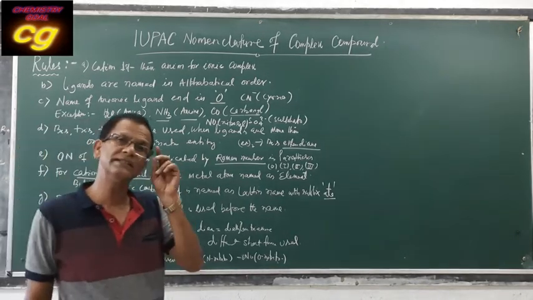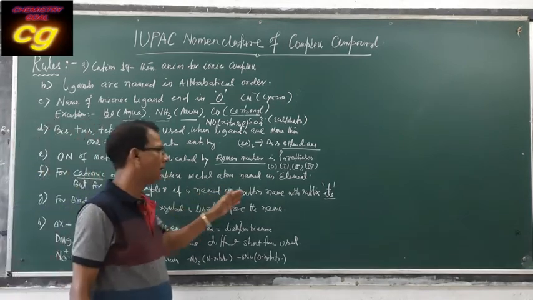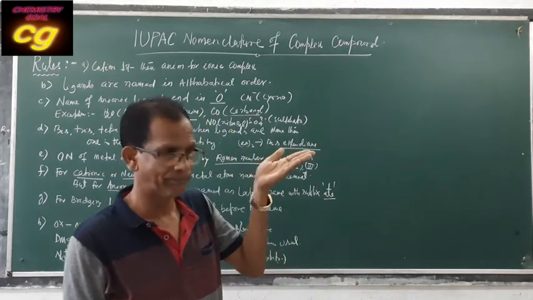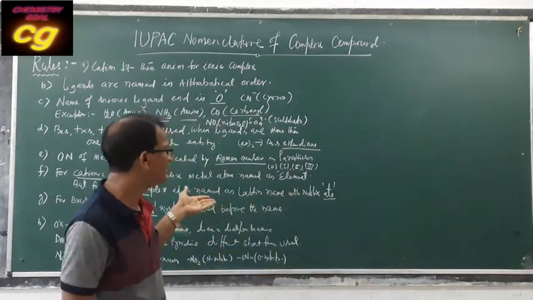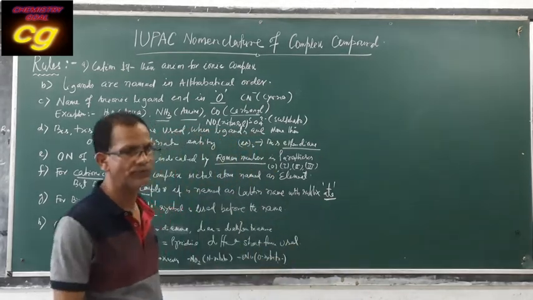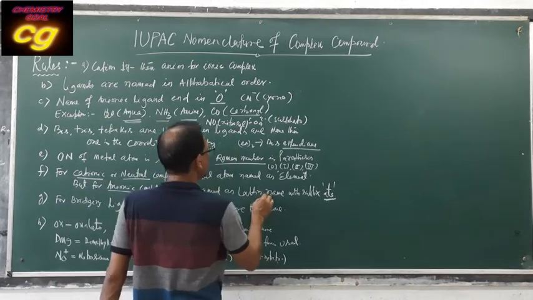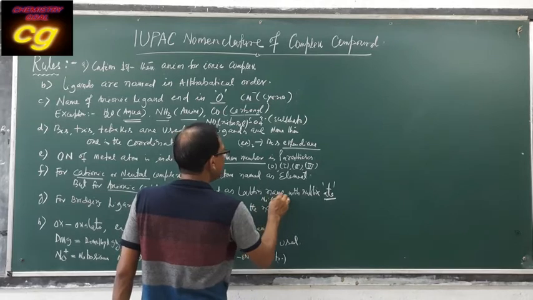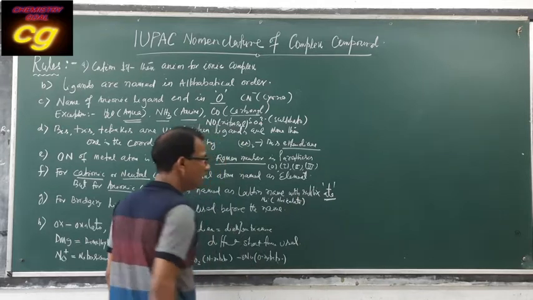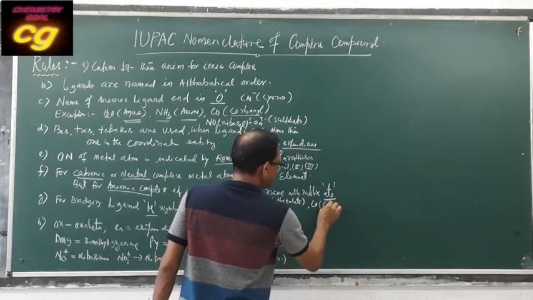But if the complex is a negative complex, that is an anionic complex, then the metal name follows the Latin nomenclature, and the suffix ate will be used. For example, if it is a negative complex containing nickel, then the name will be nickelate. If it is cobalt, then cobaltate.